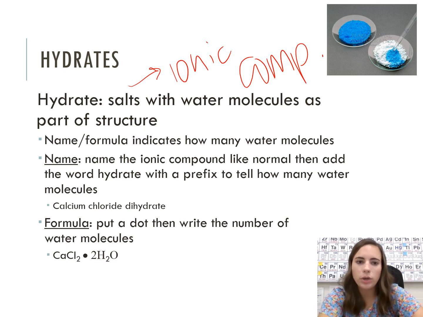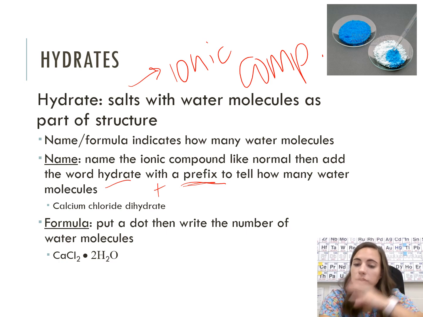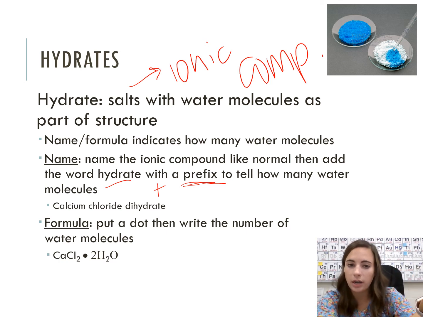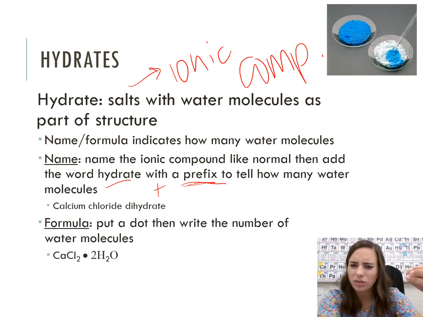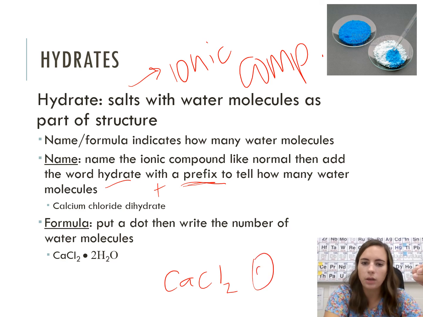And then we use a prefix with the word hydrate to tell me how many water molecules per formula unit of ionic compound. What I mean by formula unit is for every one CaCl2, for example, so for every one calcium with 2 chlorines, there would be, in this example, 2 water molecules.